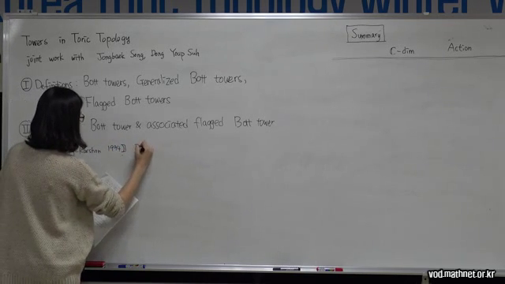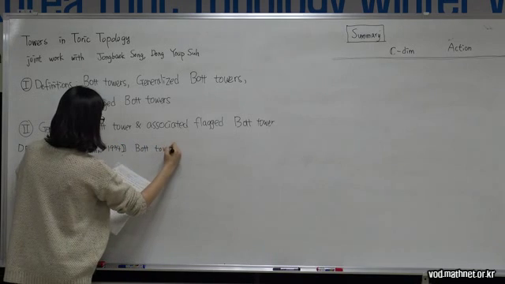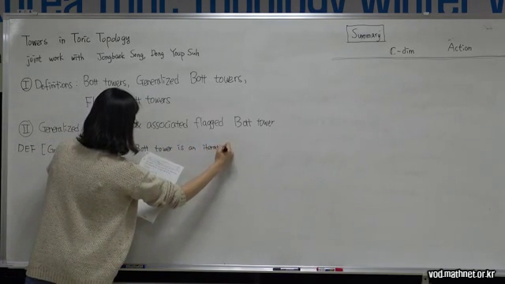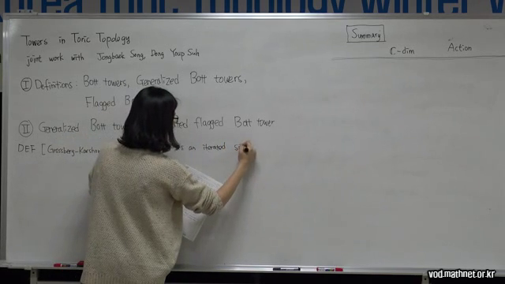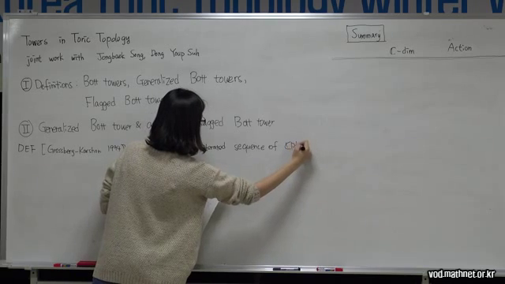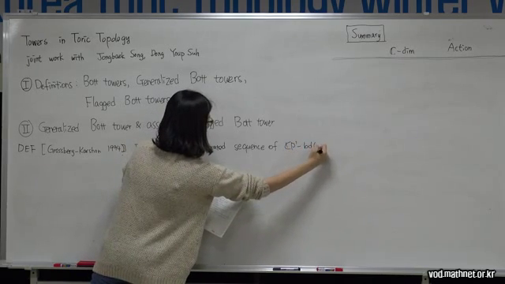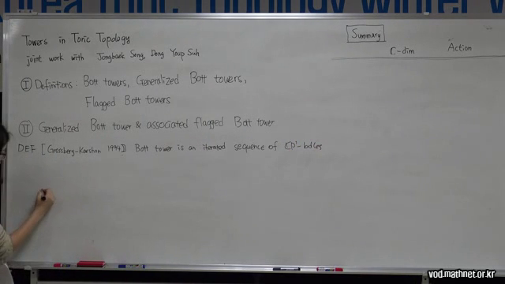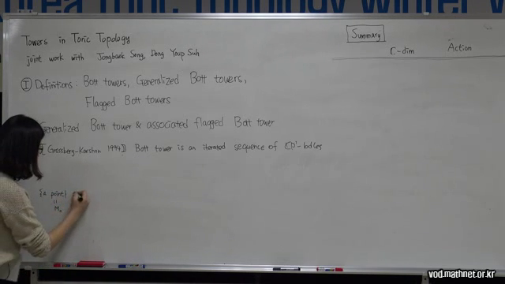A Bott tower is an iterated sequence of CP1 bundles. It means that we first start with a point. This is the zero stage of the Bott tower. Let's say this is M0, and consider CP1 over there.